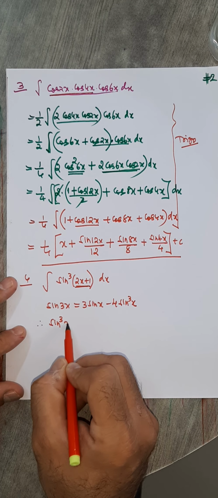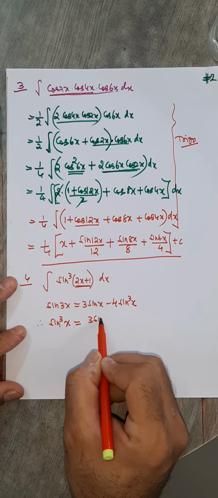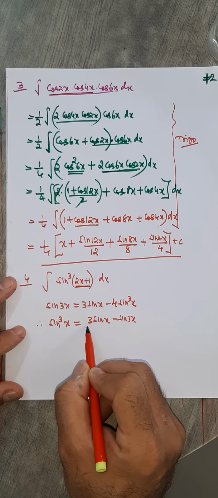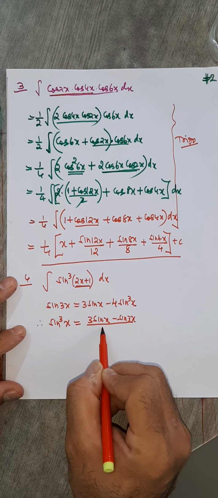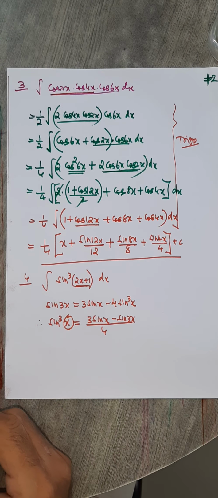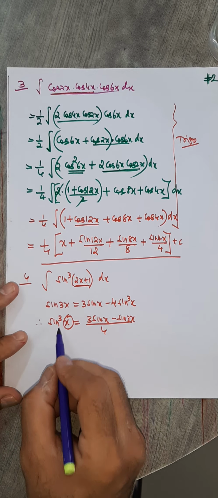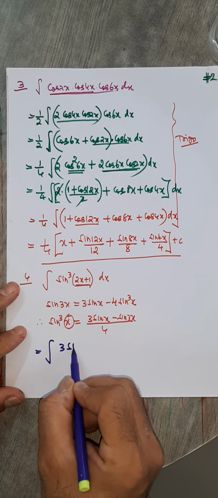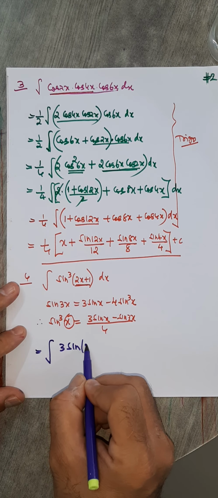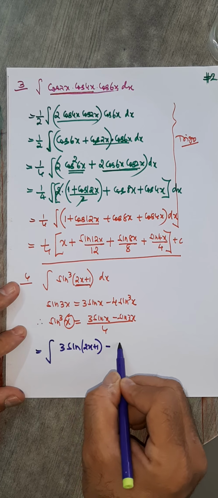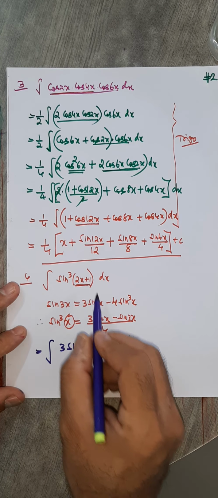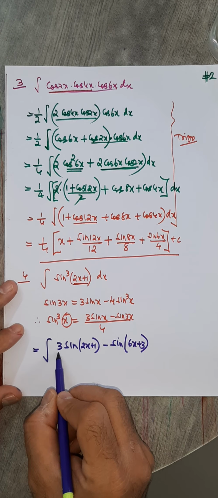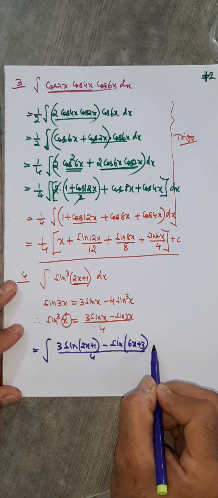Sine cube x equals (3 sine x minus sine 3x) the whole by 4. But I don't want x, what I want here is 2x plus 1. So finally the integral would be 3 sine, instead of x you have (2x plus 1), minus sine of 3 times this, so (6x plus 3), the whole by 4, the whole dx.